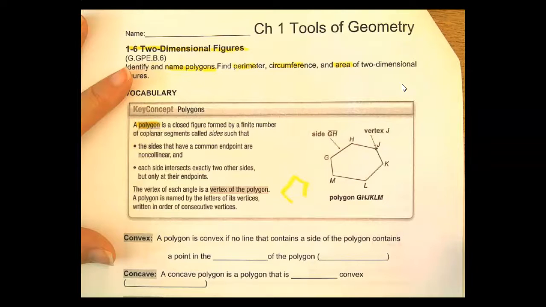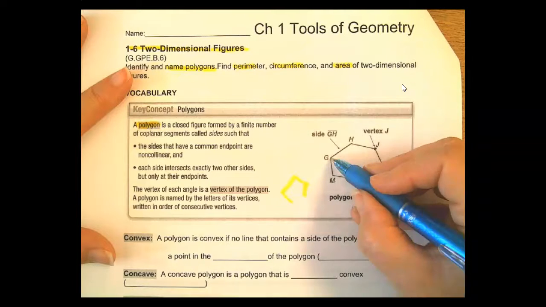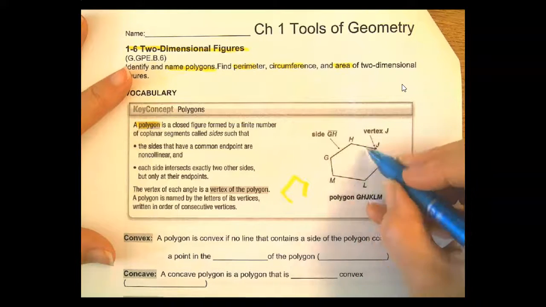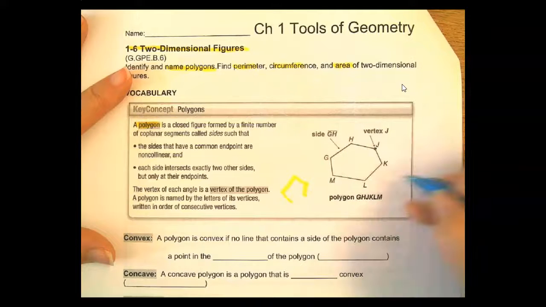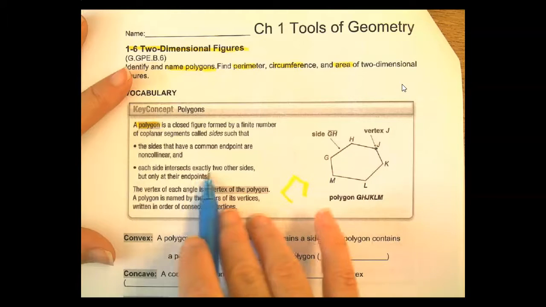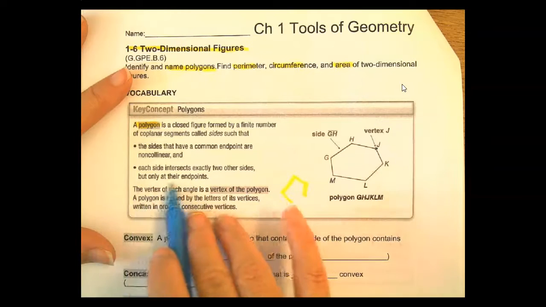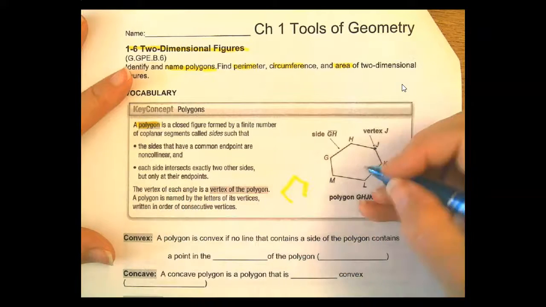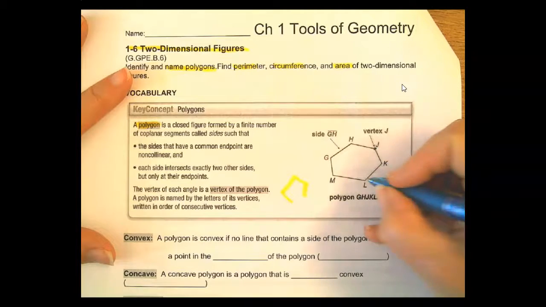Polygon sides are non-collinear, so it doesn't have a straight line. Each side intersects exactly two other sides, but only at their endpoints. So this intersects with this at one endpoint.